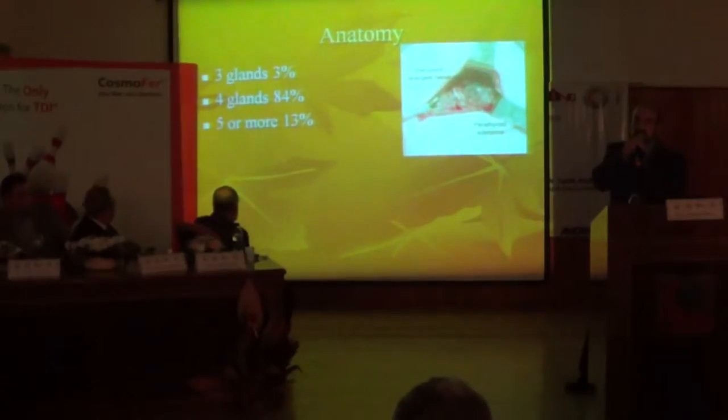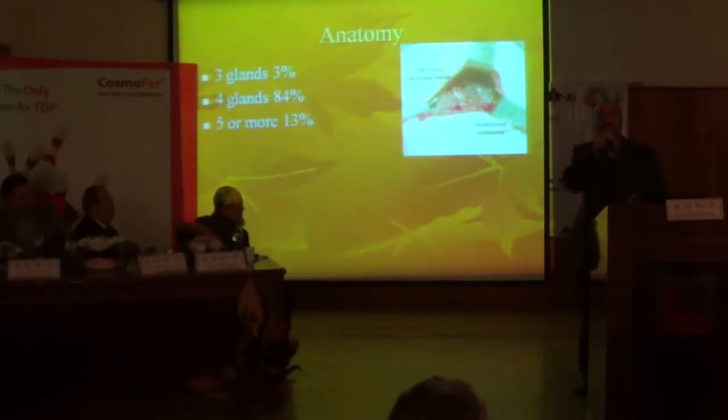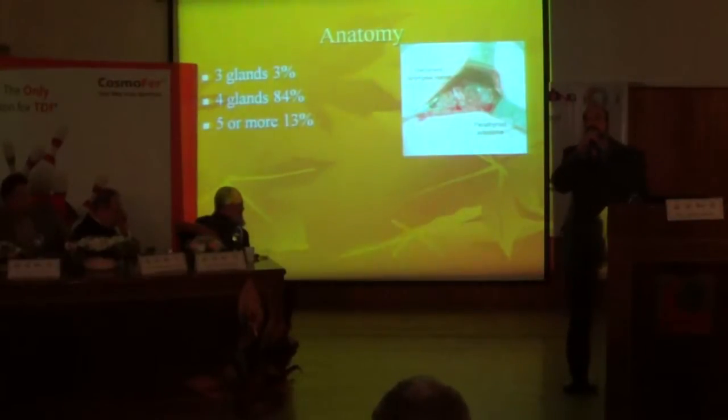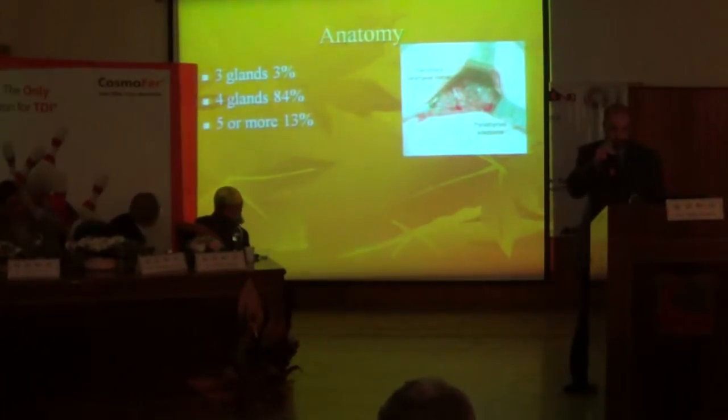So, finding 4 is not the answer. It could be 5. Finding 3 could be the answer, but you have to rule out an extra gland, a 4th gland, or even a 5th gland. So 3 glands found by exclusion. We have to make sure that there's no other gland in the neck.